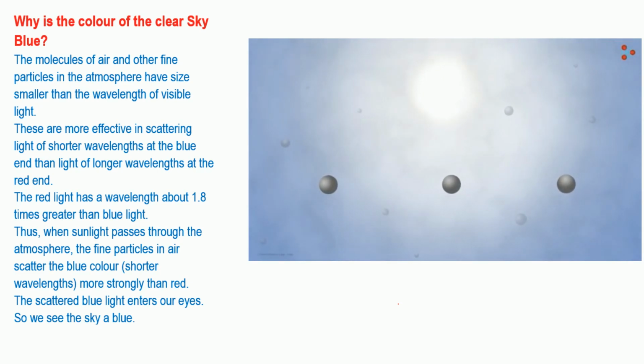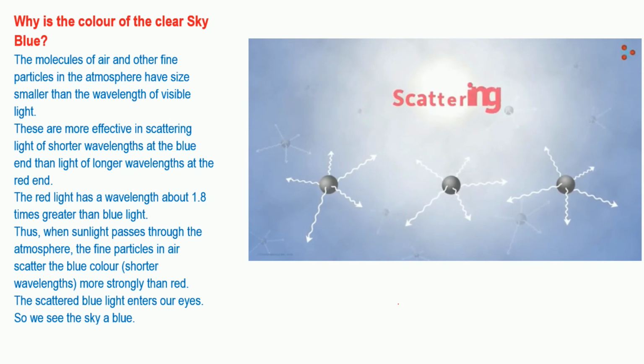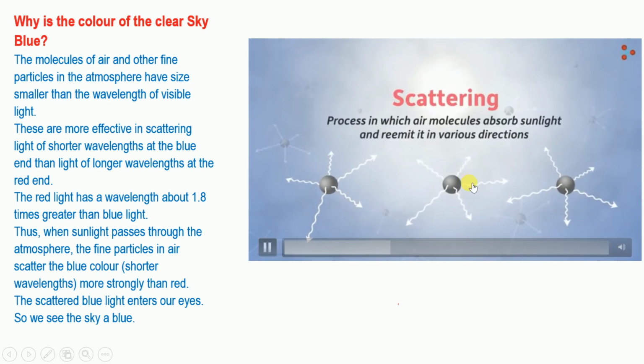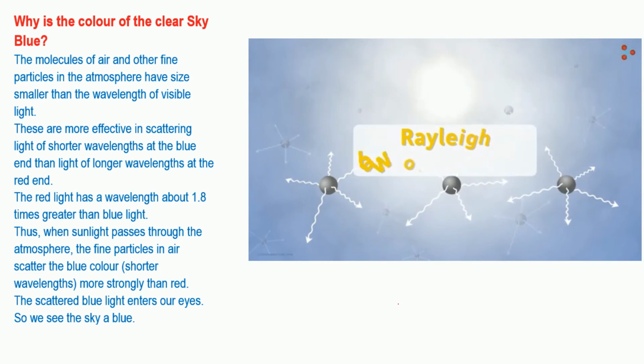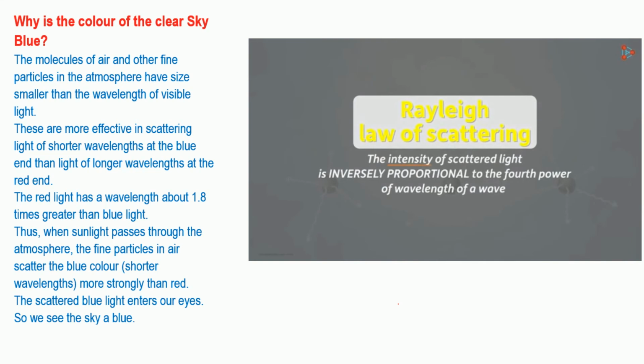Now, when the light passes through this atmosphere, these small gas molecules, that is air particles, absorb the sunlight and re-emit it in various directions. That is what we see as scattering. This is the process of scattering. Rayleigh's law of scattering is there. Actually it is not for your level; in higher standards you study about it.